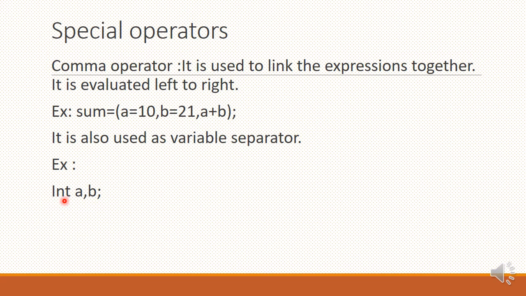In the first program I wrote int a comma b; here the comma operator is the variable separator. It is also used to link expressions together, like a is equal to 10 comma b is equal to 10 comma a plus b. You can use it like that in your programs.